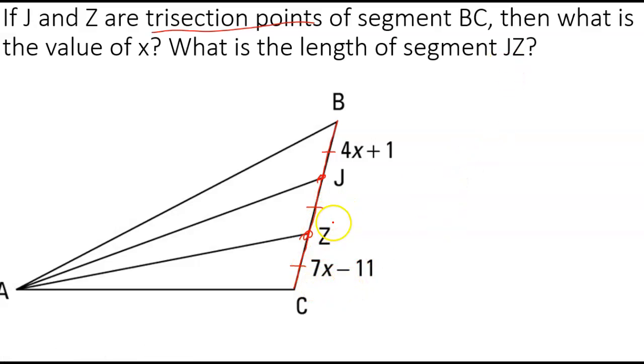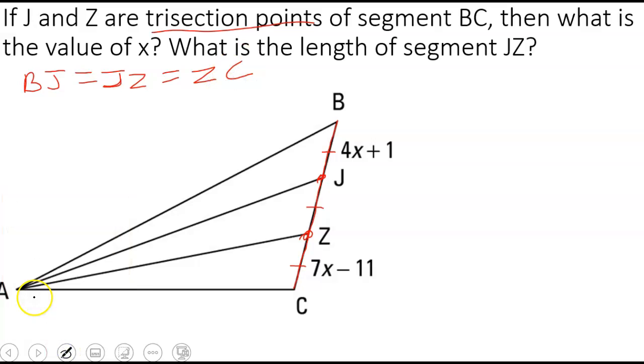We are not given segment JZ. But we know by the trisection theorem we just saw that segment BJ will be equal to segment JZ, and that will also be equal to segment ZC.